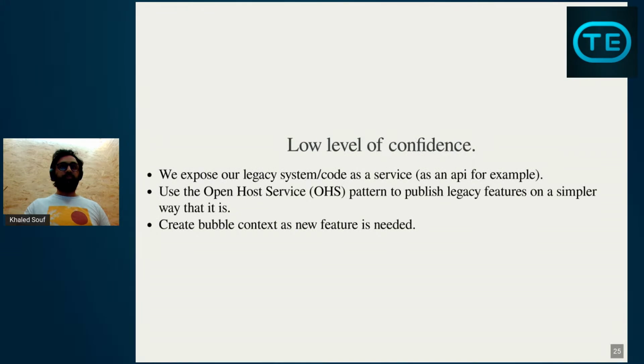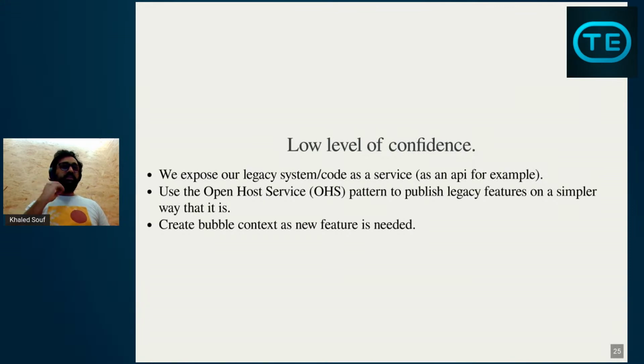The first one is when we have a really low level of confidence. What we're going to do is push back the legacy system and expose it as a service.